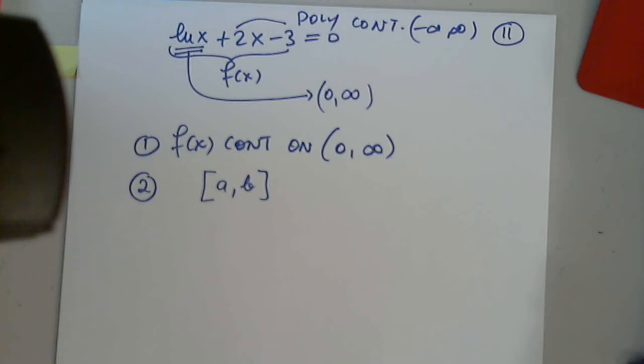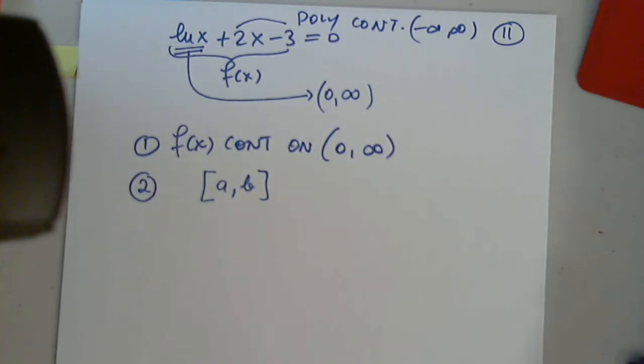We will punch in y equals, clear anything you have. We will punch in natural log x plus 2x and minus 3. Are you with me, everyone? Please, I don't want to lose anybody.